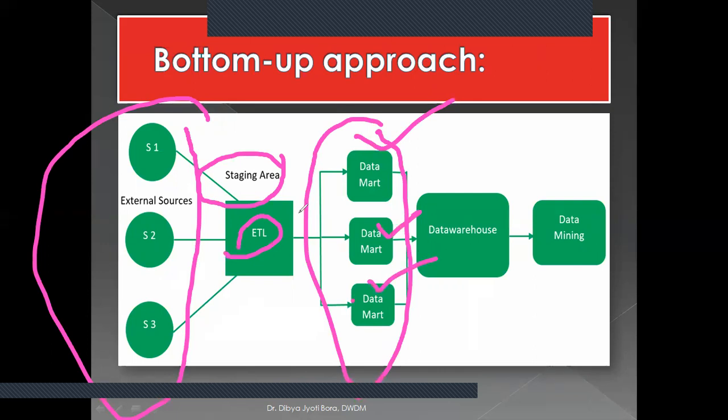After the ETL process, we directly go for building the data marts. Then only we are keeping those in our data warehouse. So the data warehouse is constructed only after constructing the data marts. Okay. And the data mining from the data warehouse is the same as it was before.